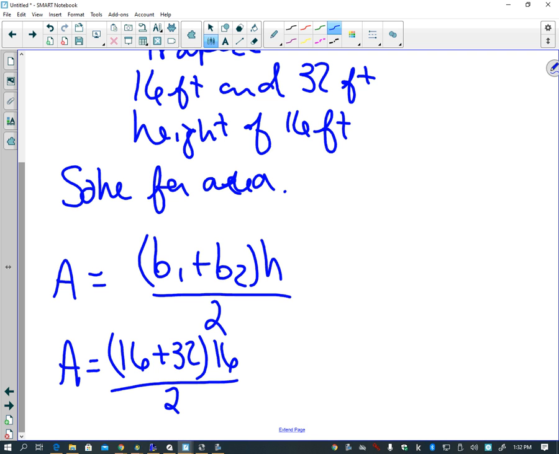So 16 plus 32 gives you 48. 48 times 16, 768. Divide by 2, 384. And this is feet, what? Feet squared.